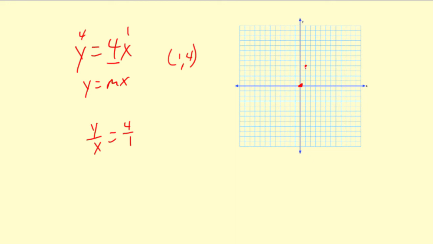That's what the rate of change of 4 pattern is. Like that. And the pattern goes both directions. So that's the graph of y equals 4x. It goes through the origin 0, 0 and has a rate of change or slope of 4 over 1.